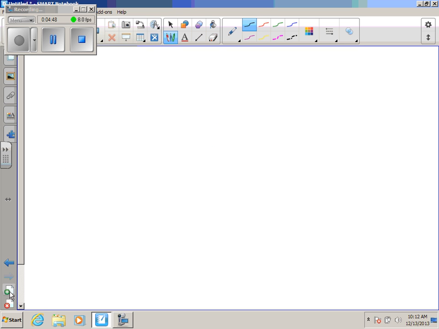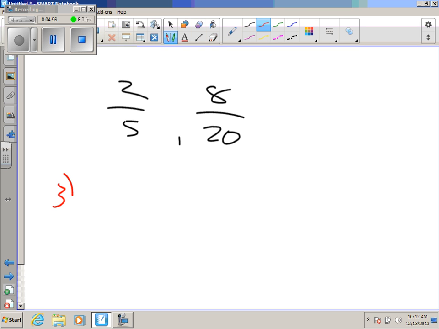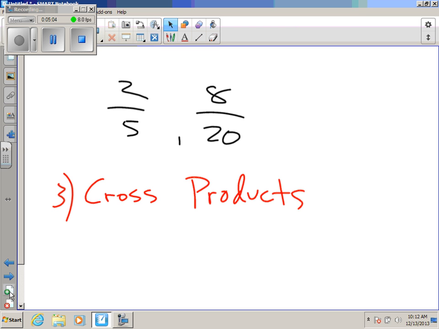And let's take this 2/5 and 8/20 again. And we'll use what's called cross products. Cross in the sense that it's more like diagonal products. What's a product? That's something you buy. Mathematically speaking, what's a product? Josiah.